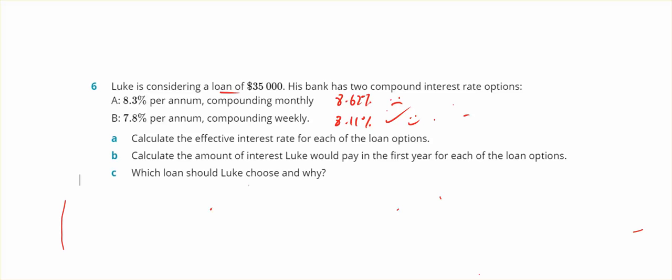So we've done the first part. Now, calculate the amount of interest Luke would pay for the first year of each of the loan options. Now this is where we have to be able to work with our R values.